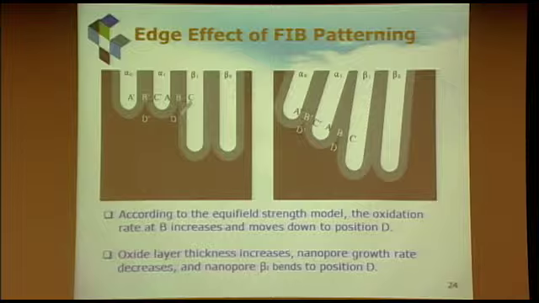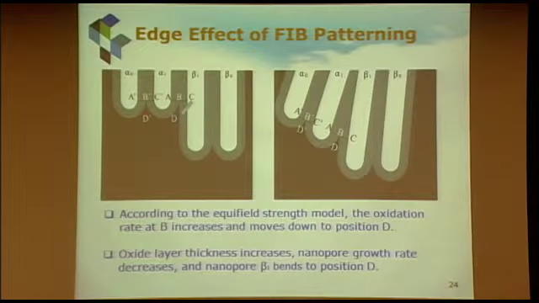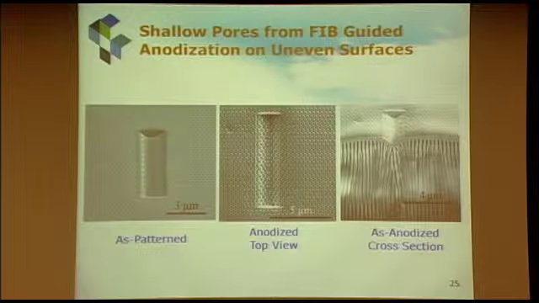We actually have papers, with all the mass and other things that I'll not go into the details of today, but we explained why and how this process happens in detail. And so we call this the edge effect. So if you have patterned and unpatterned areas, you tend to have pore bending, and actually there are more things going on. Let me show you.